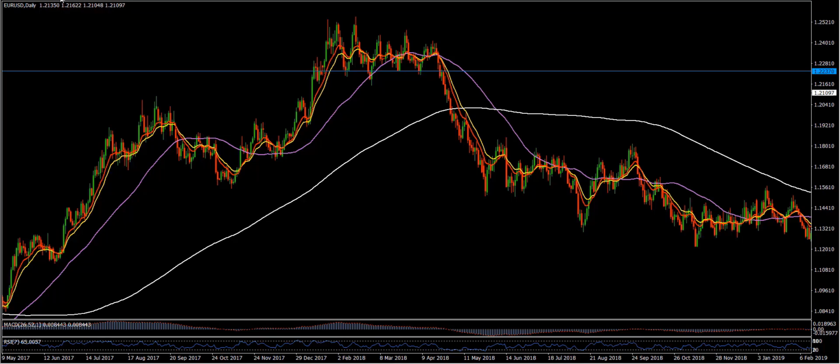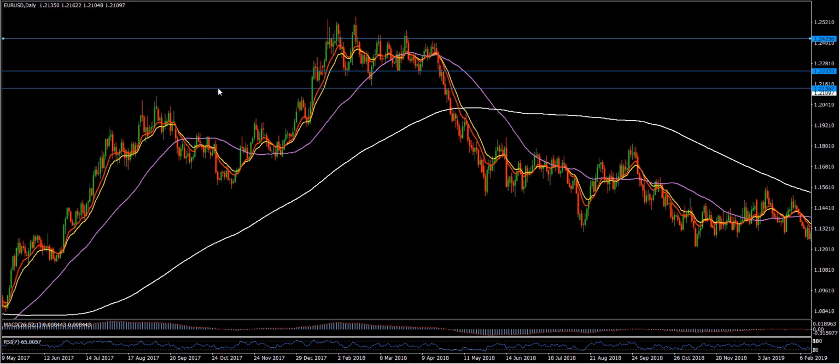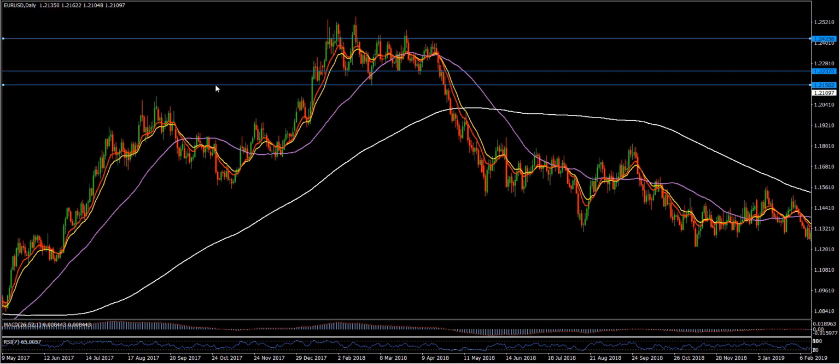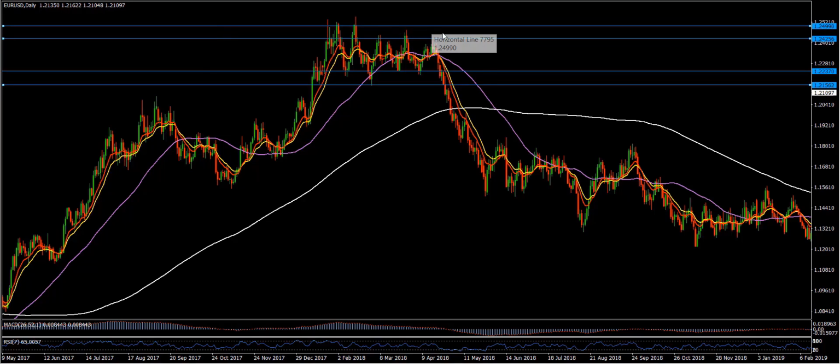Another very strong support level is there, but you should consider that it is also a support point and also a resistance point. This is a weak area, this is a strong area.